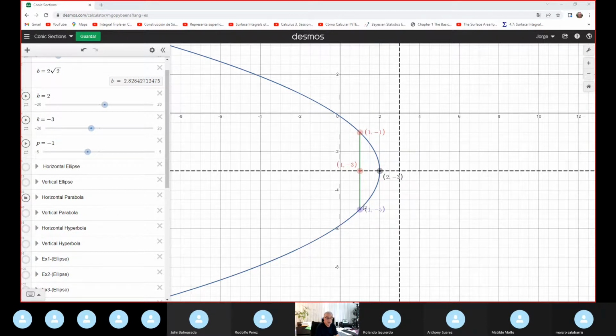And the equation for the directrix is x equals positive 3, sorry. And the equation for the axial symmetry is y equals negative 3. Negative 3 or negative 2? It's negative 3, of course. I don't know why I put negative 2 on my paper.